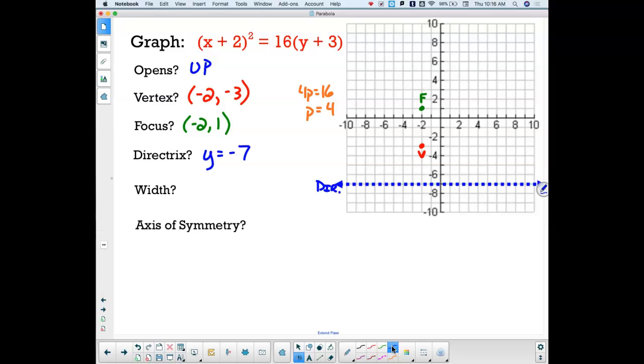The width is 16 because that's what 4p is, which means I go 8 to the left and 8 to the right through my focus: 1, 2, 3, 4, 5, 6, 7, 8. Puts me over there. That allows me to draw it in.